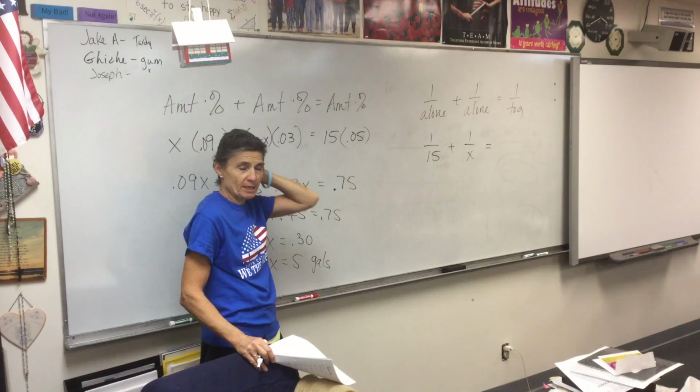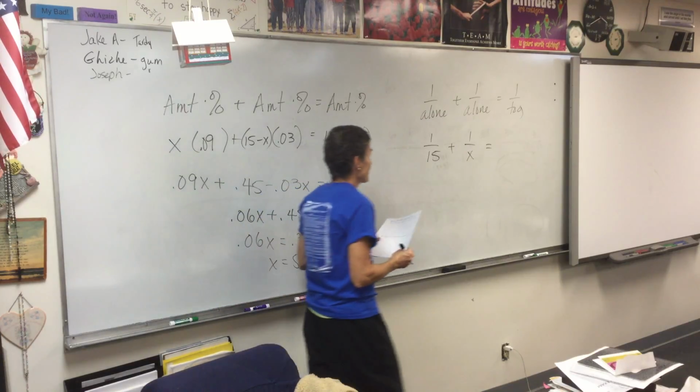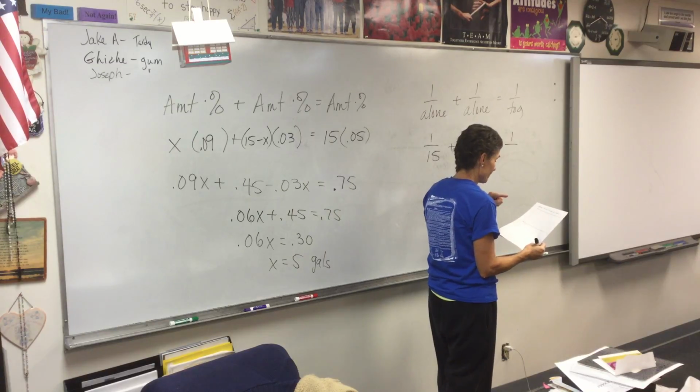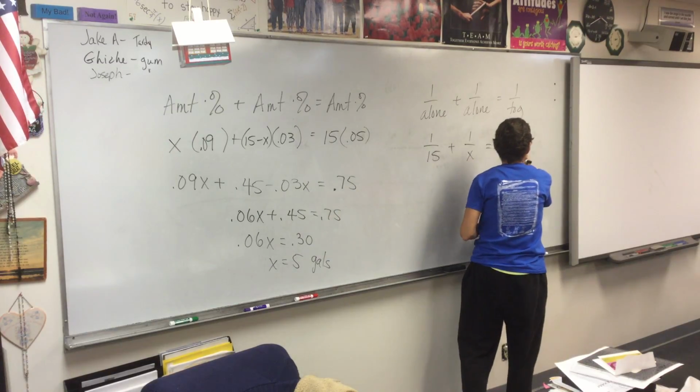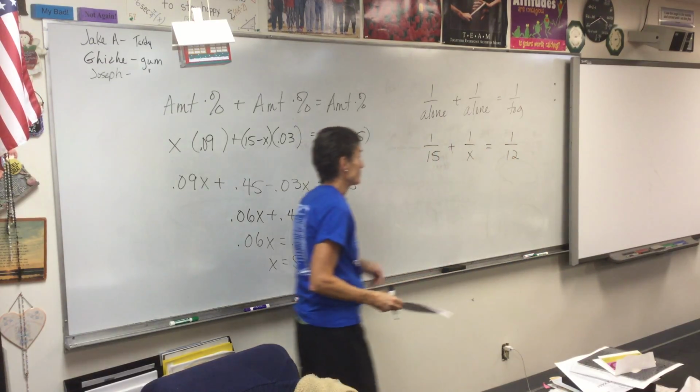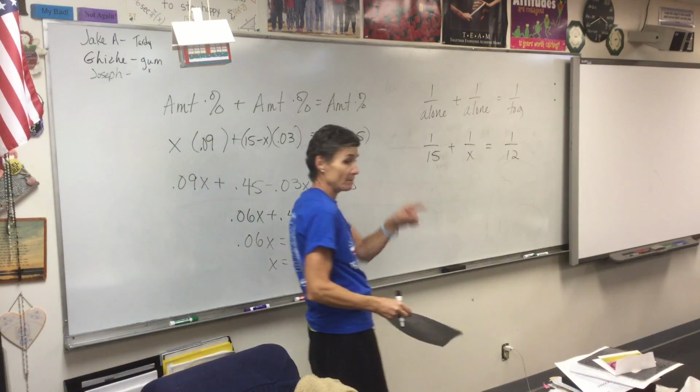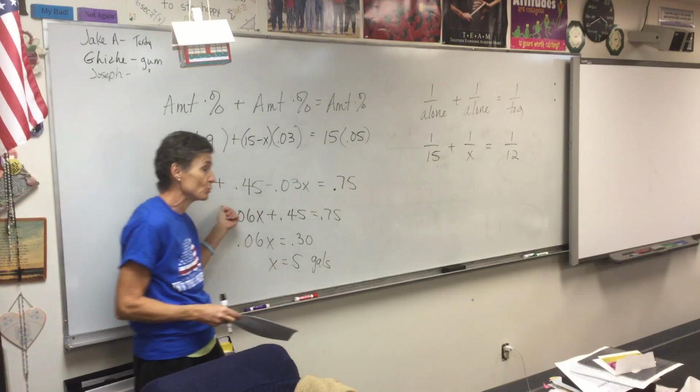1 over each kid's time alone adds up to 1 over their time together. And what's their time together? 12. It tells us in the problem that their time together would be 12. In a mixture problem, it would be exactly what you're talking about if I were doing this.